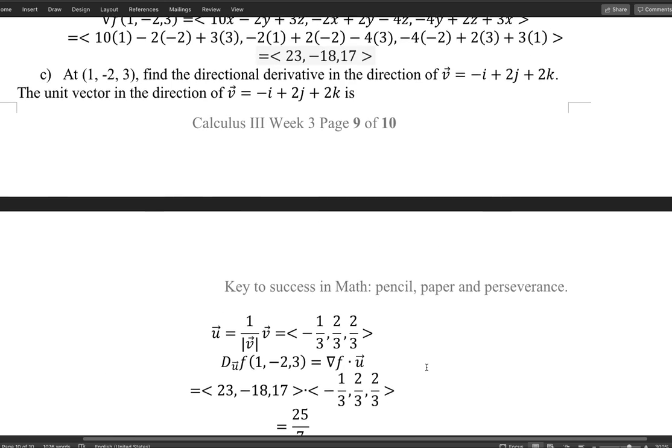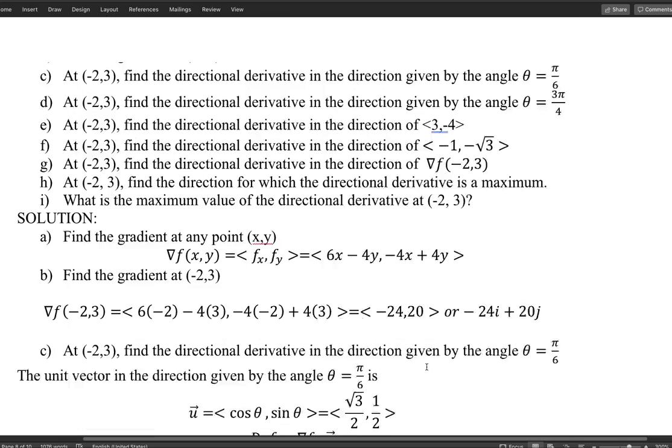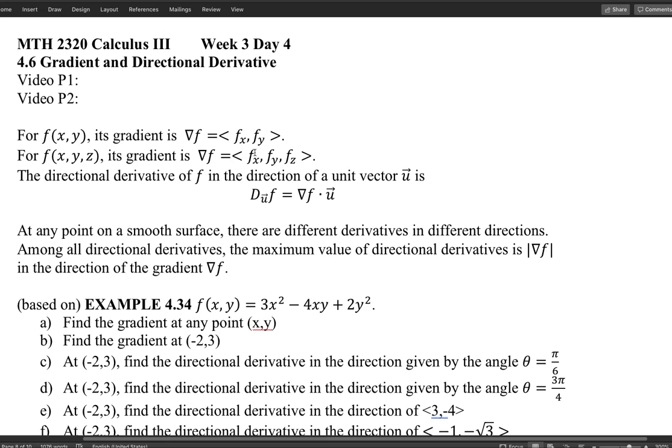So I think this is all about section 4.6. I say there are two bigger things of section 4.6, gradient and the directional derivative. The gradient is a vector formed by partial derivatives: two-dimensional vector, three-dimensional vector, function of two variables, function of three variables. Then the directional derivative can be found using the dot product of the gradient and the unit vector.